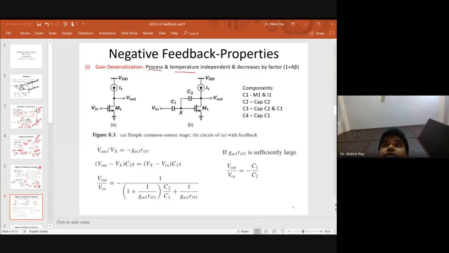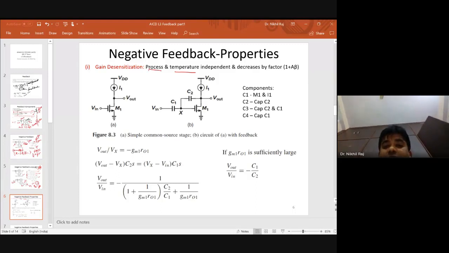Or even suppose you are manufacturing with a certain technology, like Cadence has given some technology, or some other software company has given their own MOSFET technology, and both have the same channel length, but the gain will change because of process variation. So if we use only passive components in the feedback network, not active ones, then we can ensure the stability of the gain.